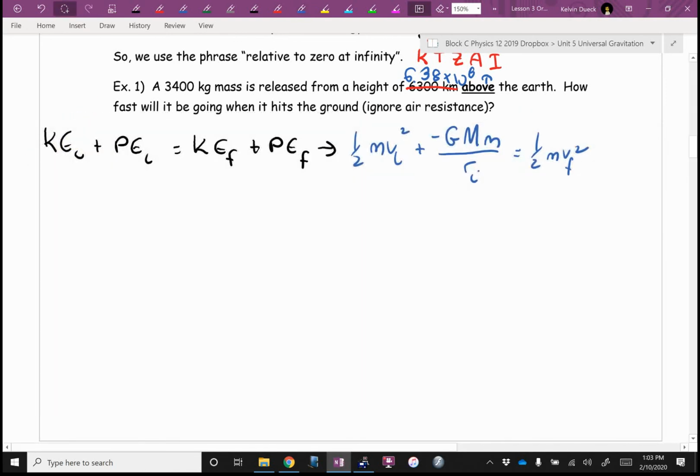I love digital ink. Plus negative big G, big M, little m over R final. Are any of those zero? Let's look at the kinetics first. Is my speed ever zero? I think released implies dropped.